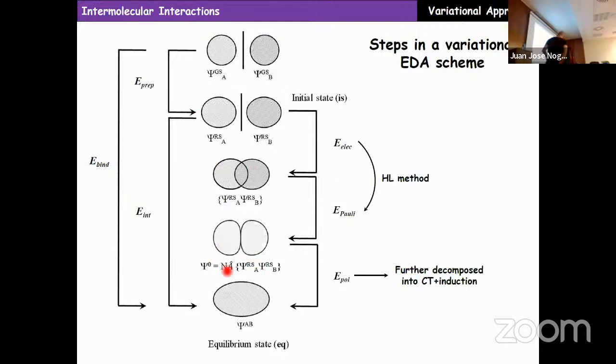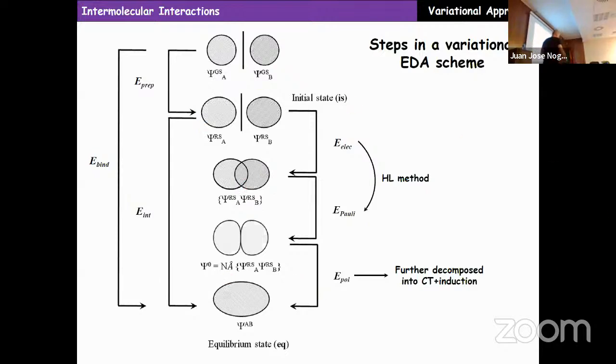Then we antisymmetrize the Hartree product. You can see the deformation: the same-spin electrons tend to migrate from the overlap region to avoid overlapping. The energy difference between the Hamiltonian applied on this wave function and on the previous one is the Pauli energy.